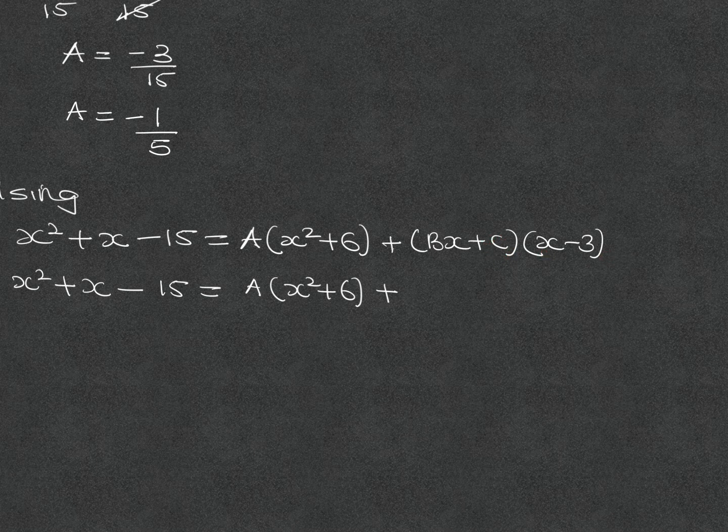So if we do that, it means we have multiplied everything. So that will be bx into x minus 3 plus c into x minus 3.